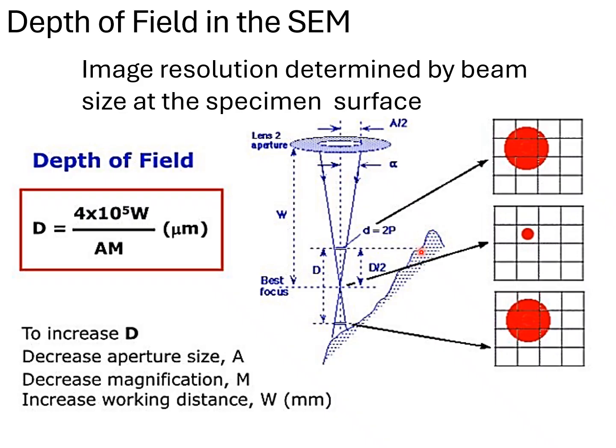There's a range over which you say, well, we can tolerate this amount of resolution difference, and this is what's defined as the depth of field. It depends on the working distance and the aperture size and the magnification, of course.